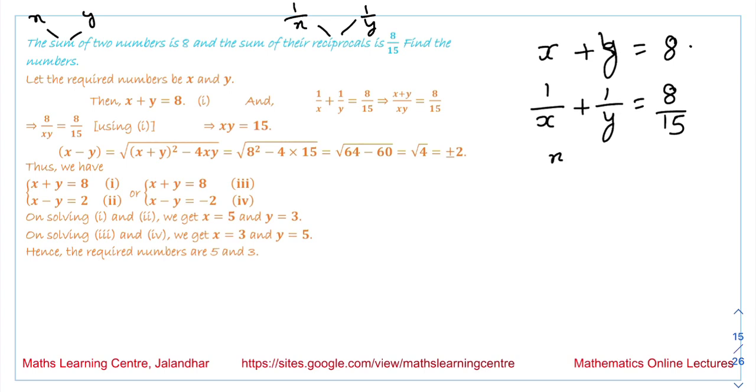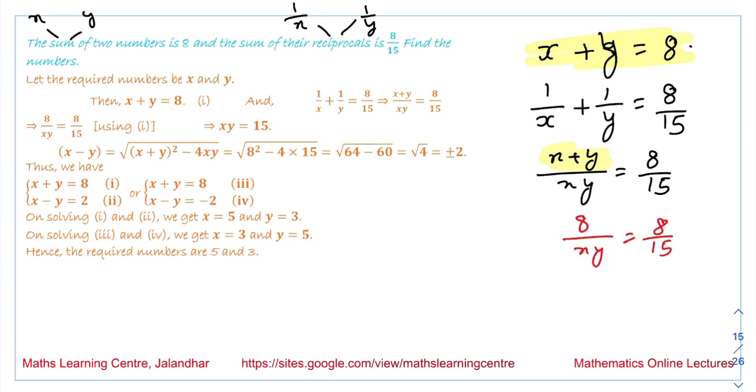So what we get is x plus y over xy is equal to 8 by 15. Look at this value: x plus y is 8, so we get 8 over xy is equal to 8 by 15. So we get xy is equal to 15.